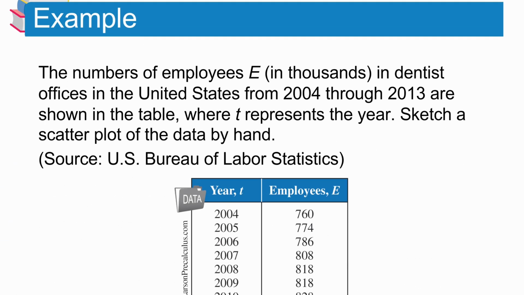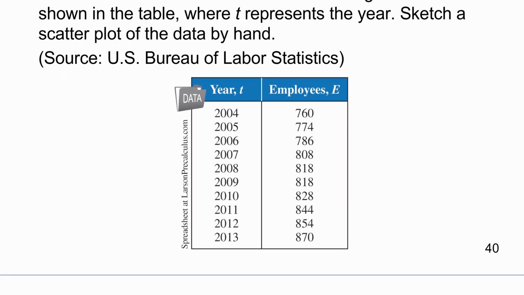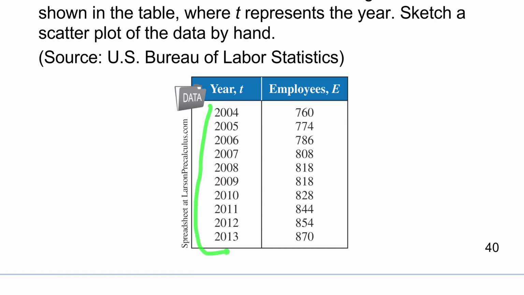Now let's look at an actual example. So here we have our number of employees, E, and this is actually in thousands. So this is 760,000 and 808,000 dentist offices in the United States between 2004 and 2013. T is the year, and it gives the full 4-digit year.